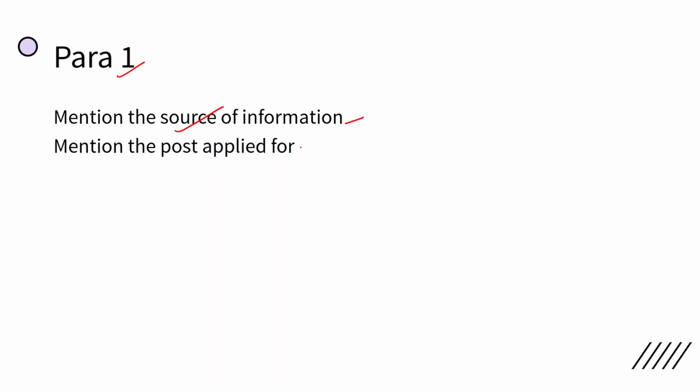From whichever source you got that information, you have to state it at the beginning of the job application. Then mention the particular post you are applying for. Maybe they advertise many posts, and the post you are going to apply for should be mentioned.